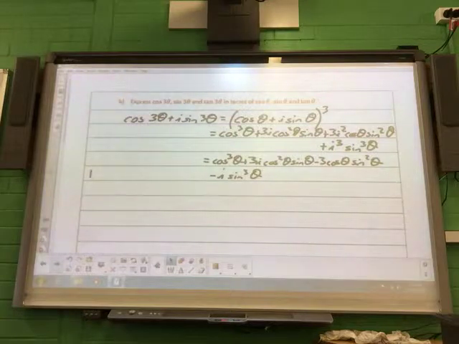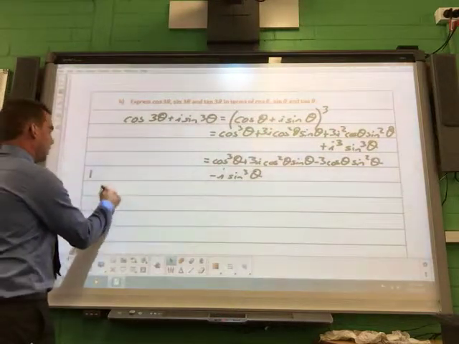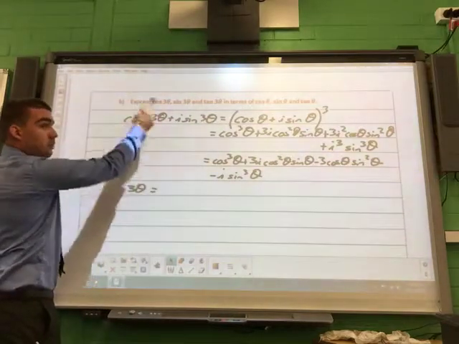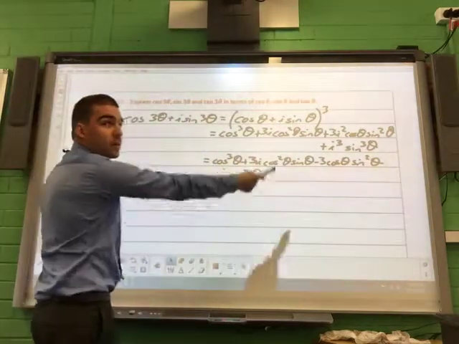I'm pretty sure we had a question where we did the expansions of triple angle results. I can't actually remember. So cos of 3 theta, this is the real part, so it's going to equal the real part on the right hand side.